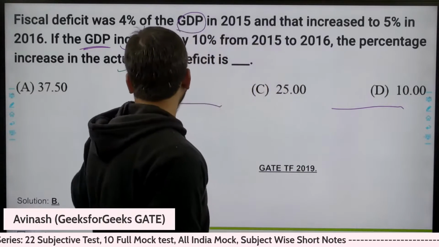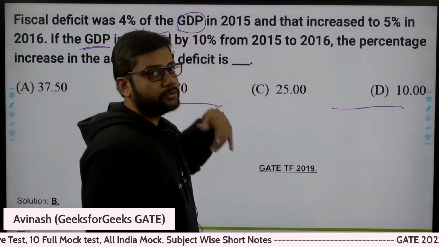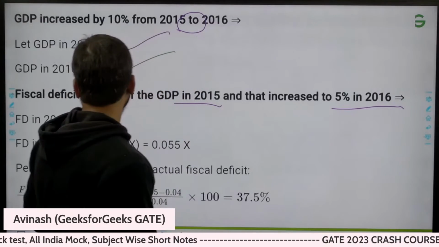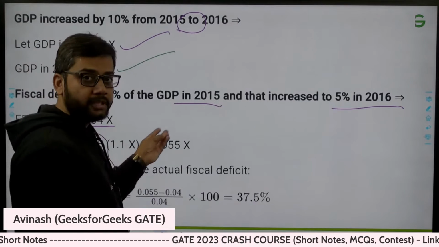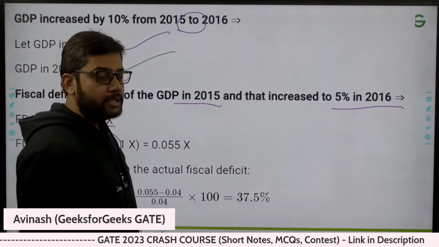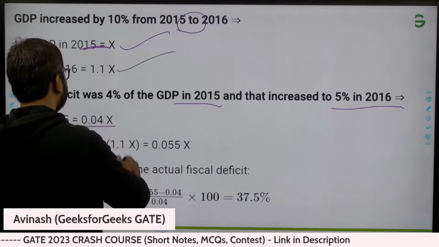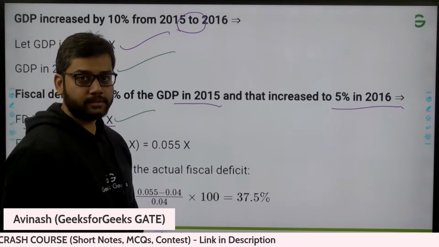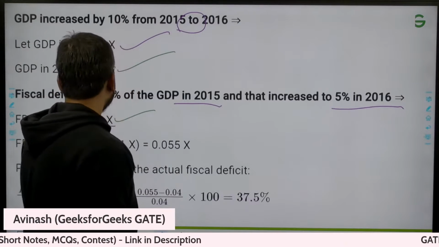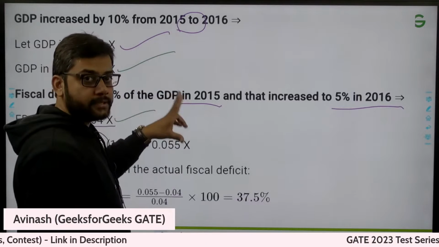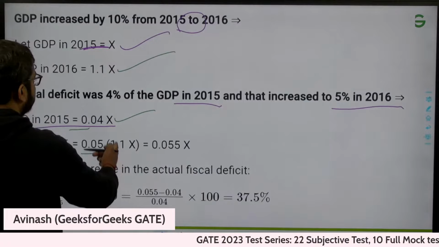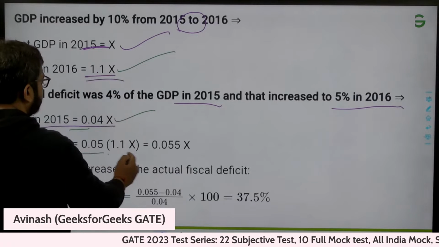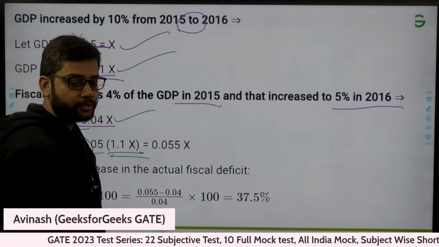So FD in 2015 is 4% of X, which is 0.04x. For 2016 it is 5%, but instead of X it is 1.1x, so it is 0.05 times 1.1x.